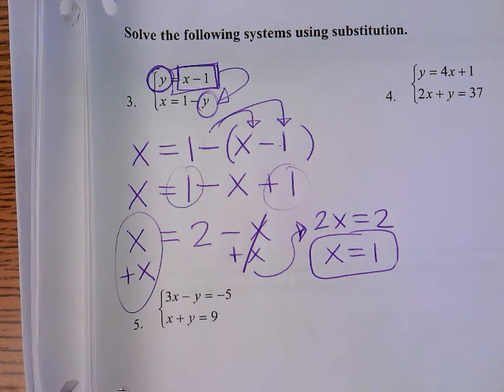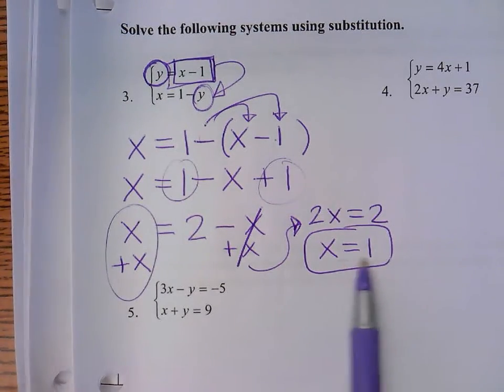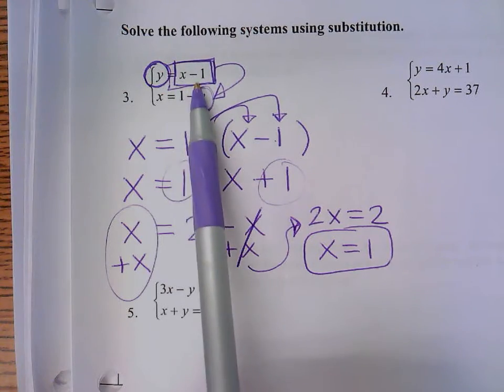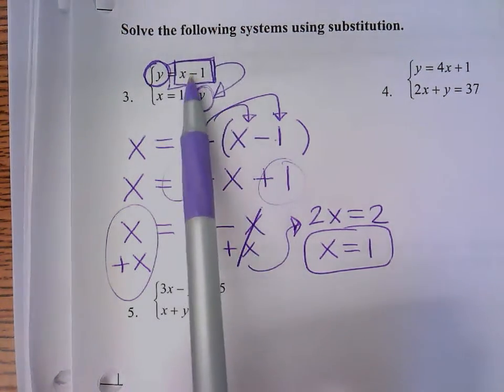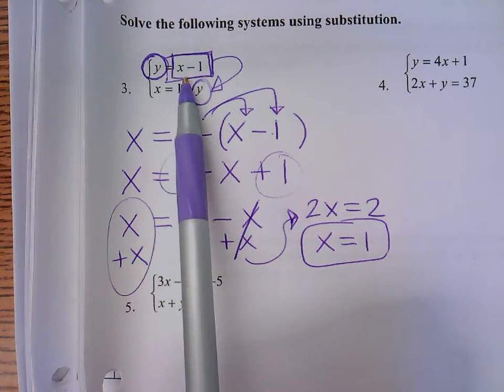If x is 1, how do I figure out what y has to be? Put it into the equation, and the best place to put it is right back into this rectangle equation up here, because I've got y equals, so when I plug in 1, what do I get? 1 minus 1 is 0.